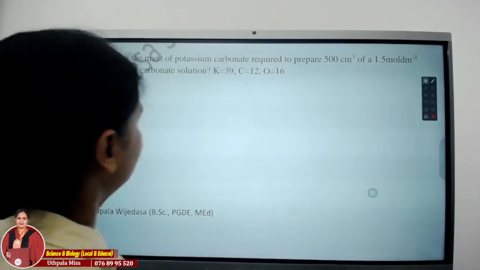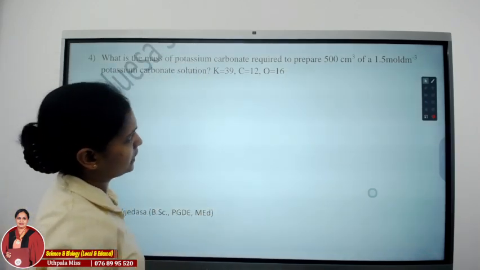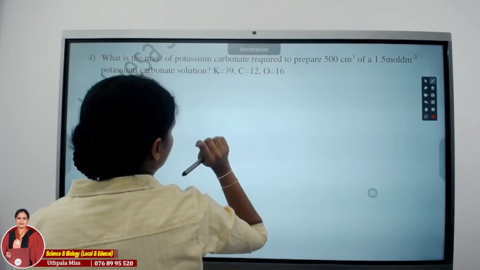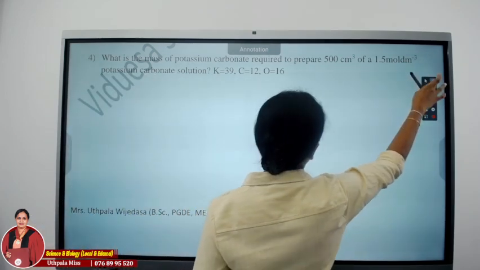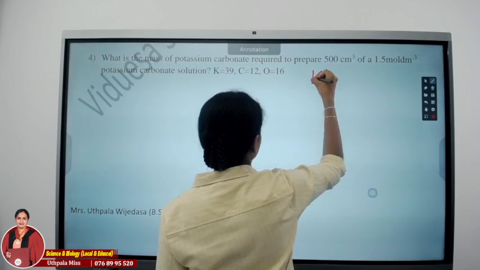Okay. What is the mass of potassium carbonate required to prepare 500 cubic centimeter of a 1.5 moles per cubic decimeter potassium carbonate solution? So what is the formula of potassium carbonate?